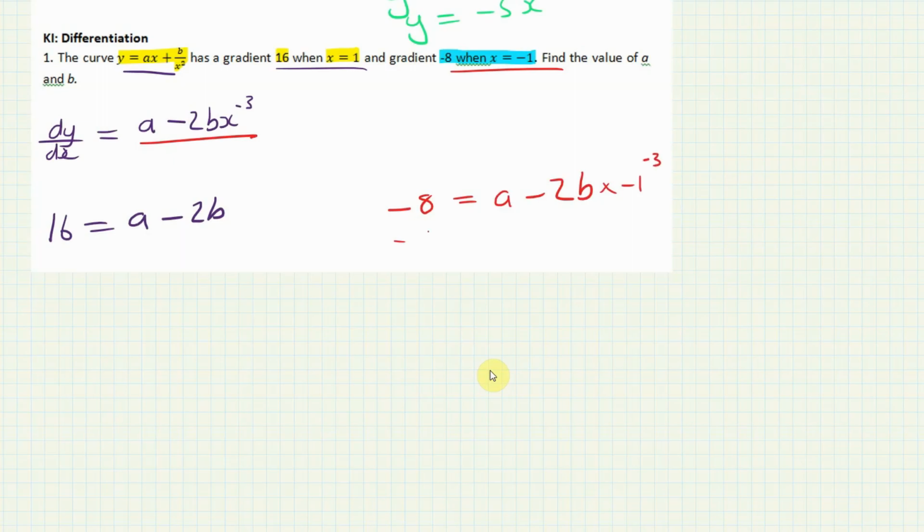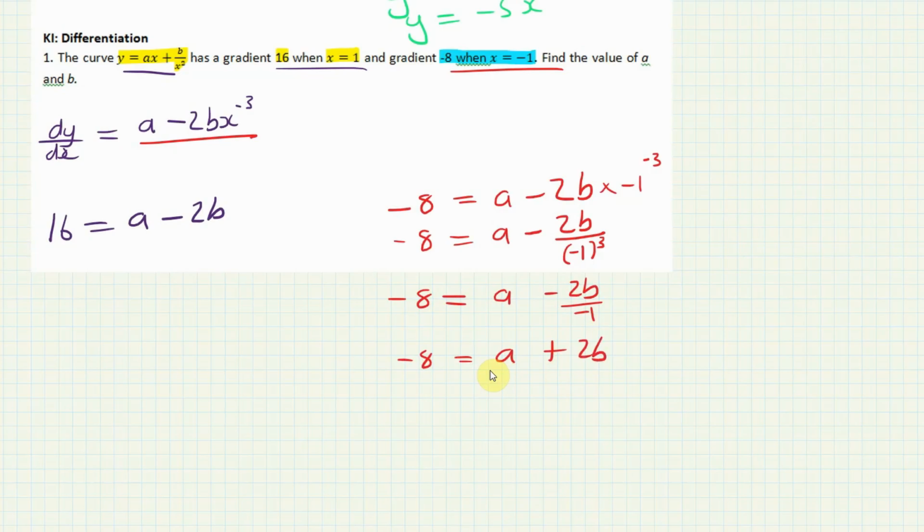Now I'm just going to rewrite this for you. Minus 2b over minus 1 cubed. That's another way of writing it. And we can say therefore that minus 8 is equal to a, and that's minus 2b over minus 1. And another way of writing that, sorry, I'm just doing it really slowly here, is equal to a plus 2b.